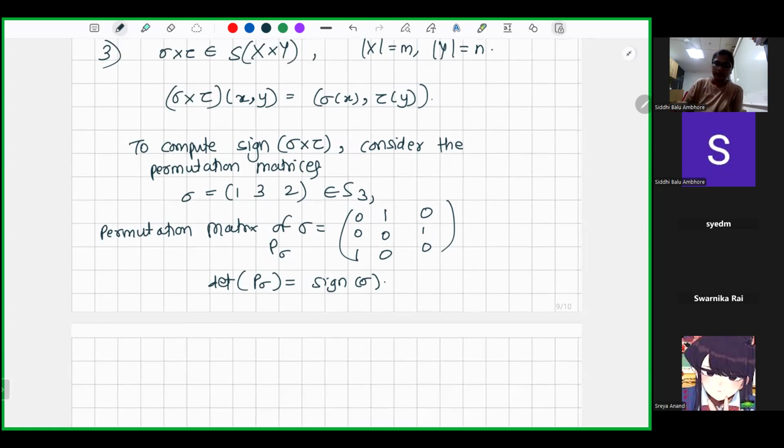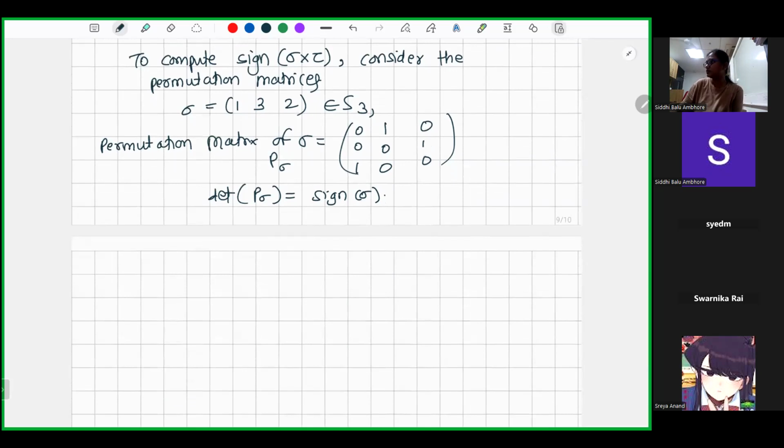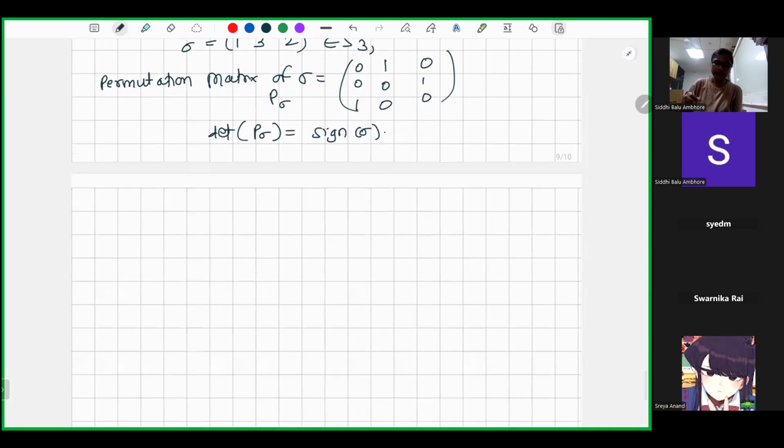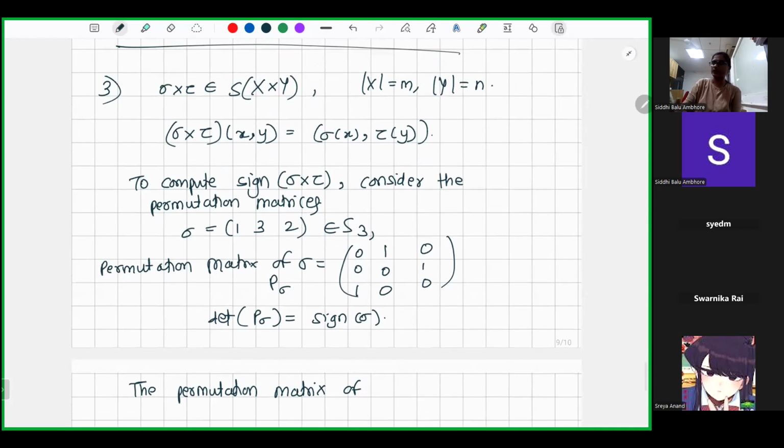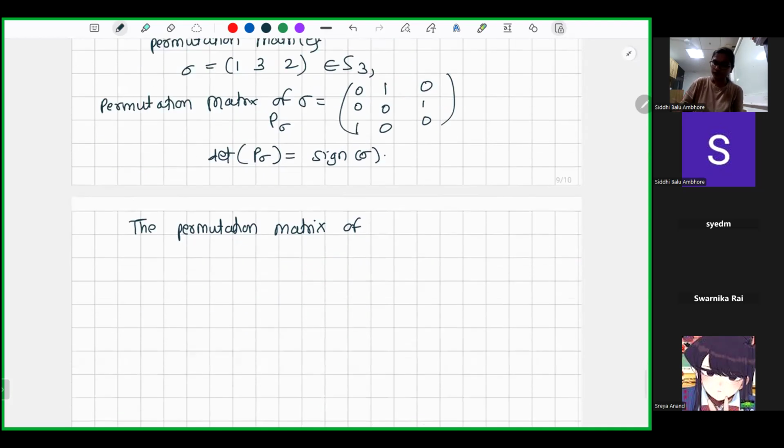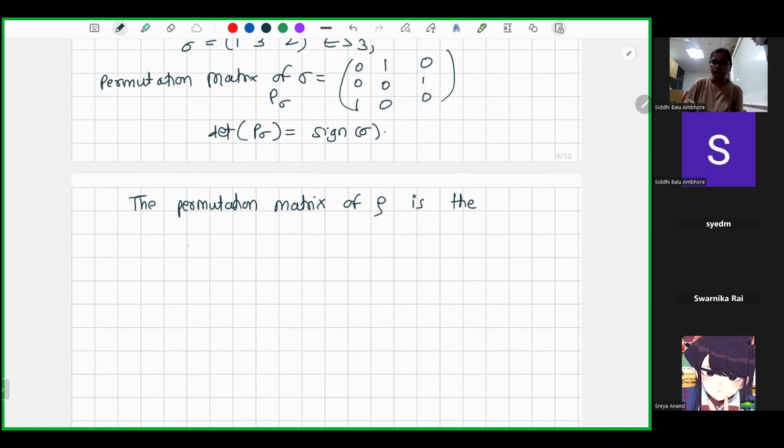Okay, and then we see that the permutation matrix of this one, if I call this rho, for example, this permutation matrix of rho is the Kronecker product of this P sigma and P tau.